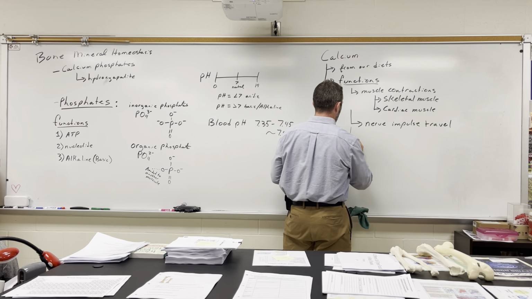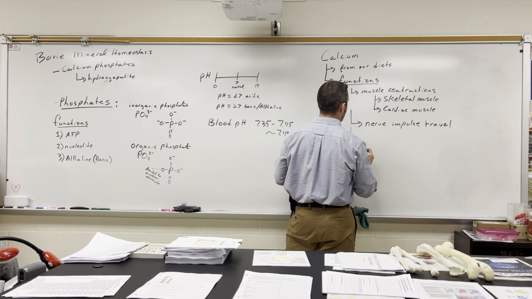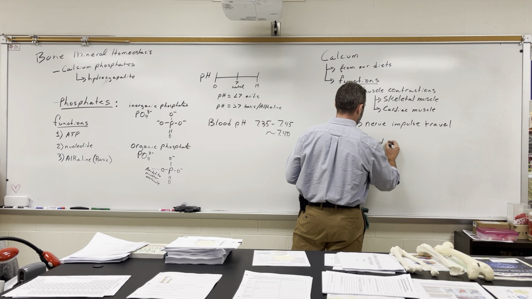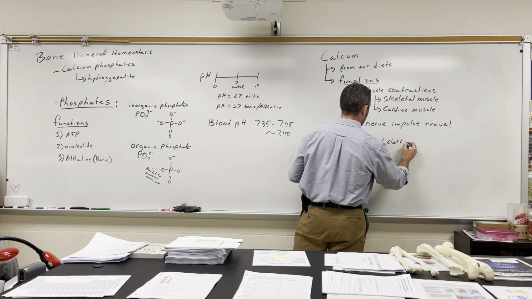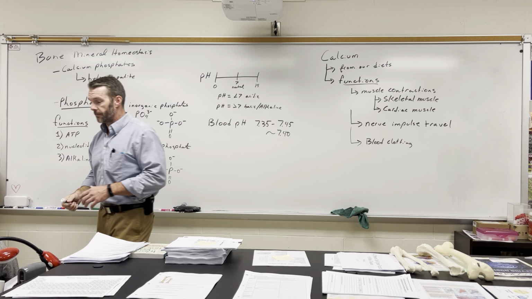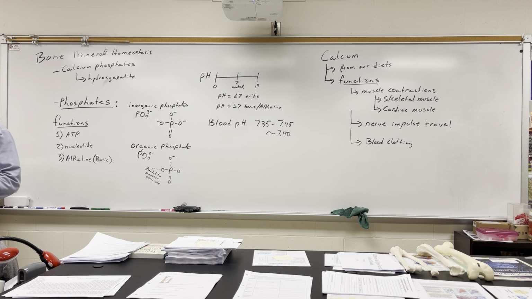Then the other thing we'll list in here that's important for functions of calcium is blood clotting. So there's a lot of important functions that calcium is required for in the body and to maintain proper physiology. So usually we say that calcium is used for, for the most part, just about every physiological process in the body.